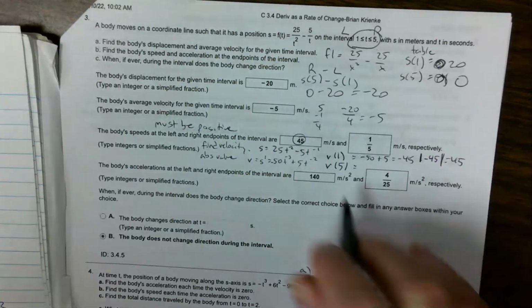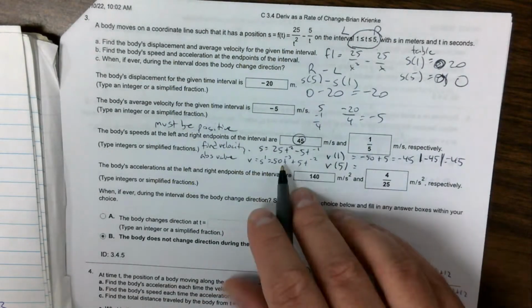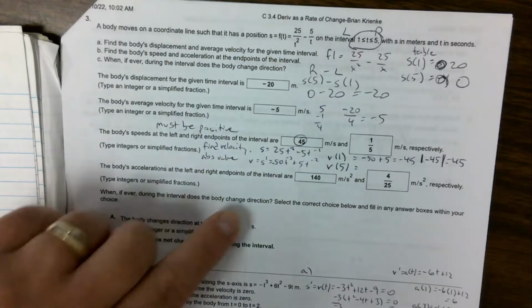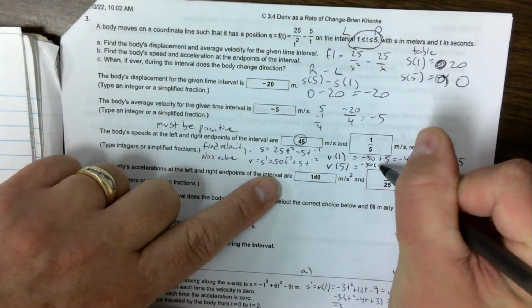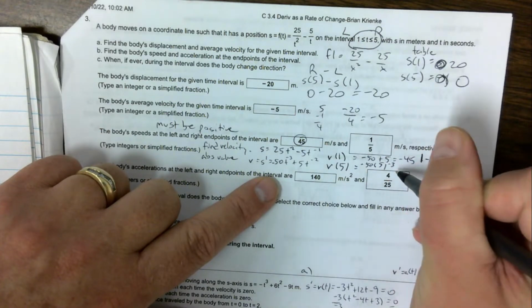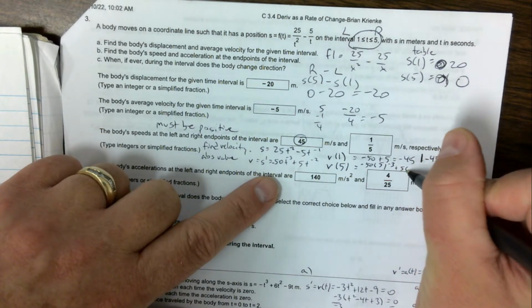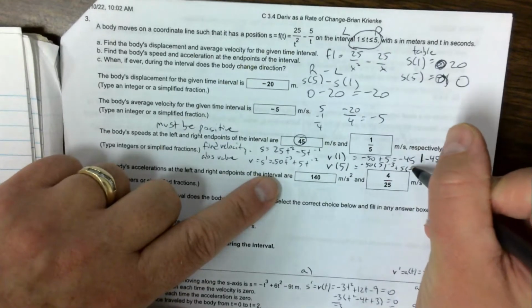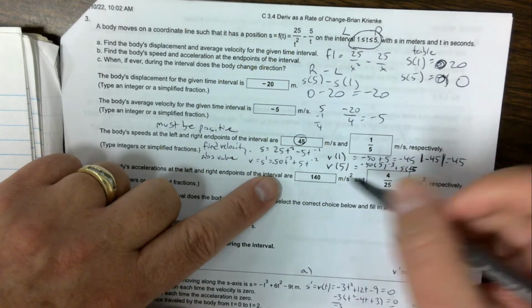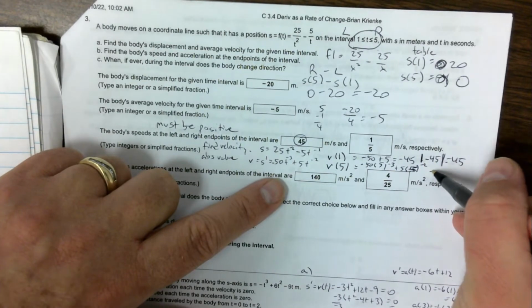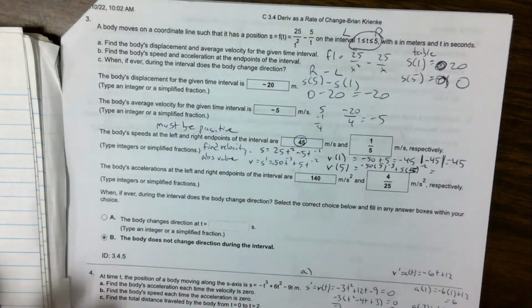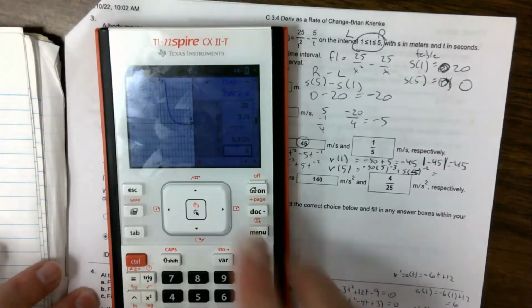And for v of 5, I'm going to use the calculator. It's negative 50 times 5 to the negative 3 power plus 5 times 5 to the negative 2 power. Okay, so let's type that.